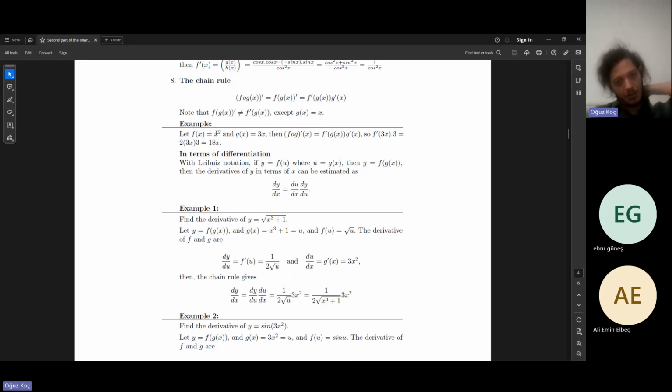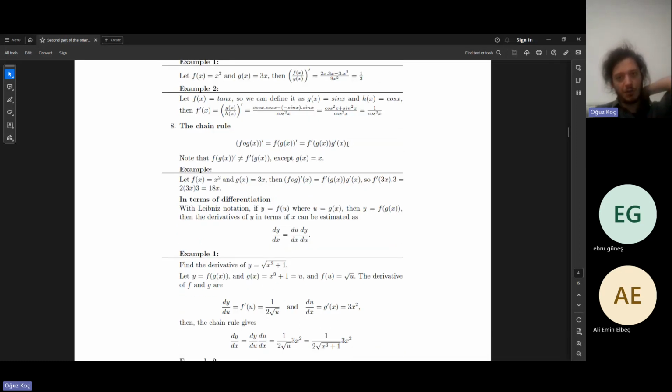And we have an example. We have f of x, which is equal to the second power of x, and we have g of x, which is equal to 3 times x. Then the derivative of the composite of those functions is, as we already talked about, the derivative of g of x times the derivative of f inside g of x.